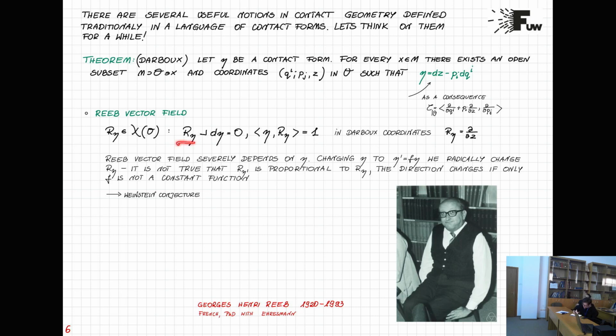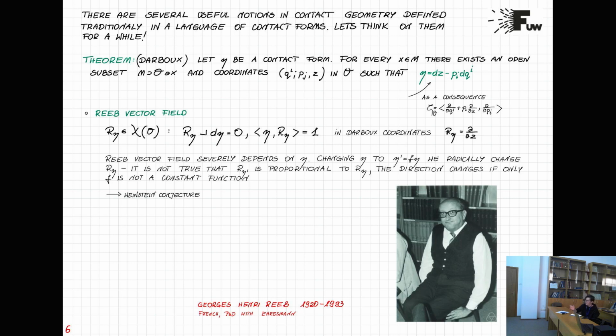So we have the vector field which lies in the kernel of the differential of eta, which definitely means that it is not in the distribution itself. So this selects, say, the direction of this vector field, and it is not enough to know the direction.